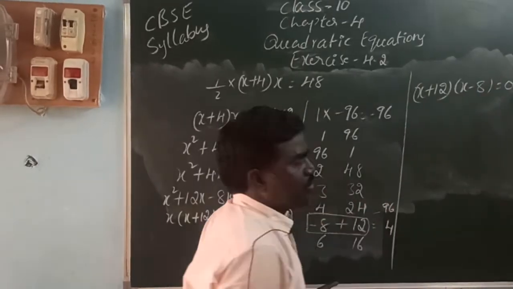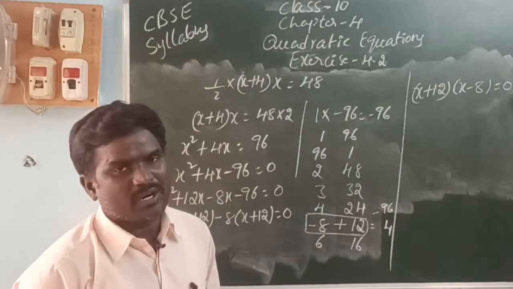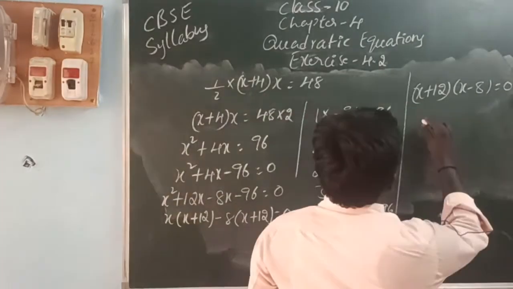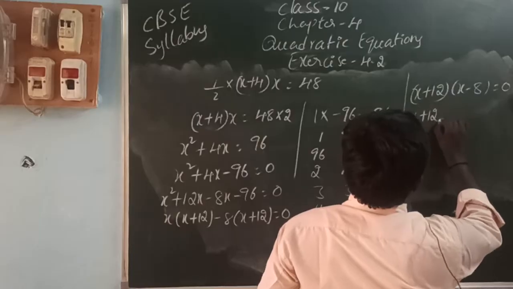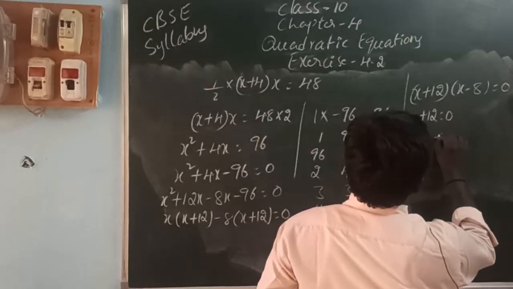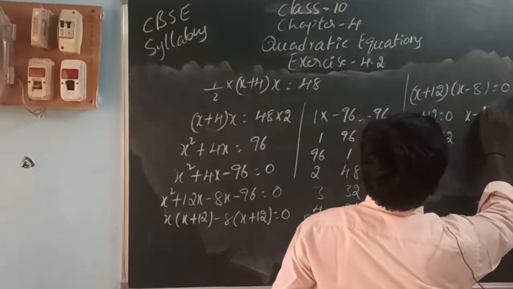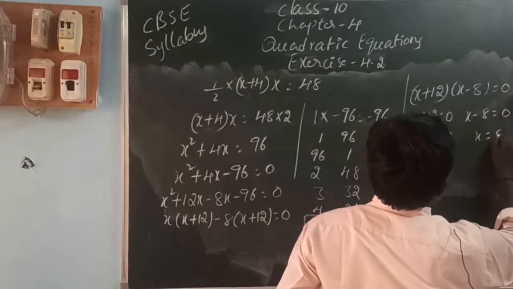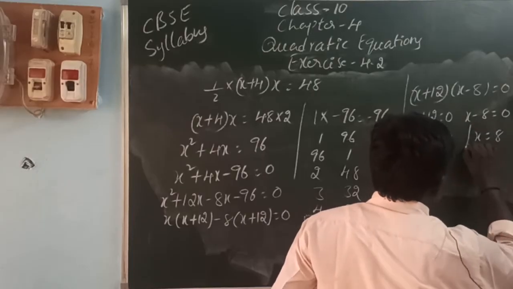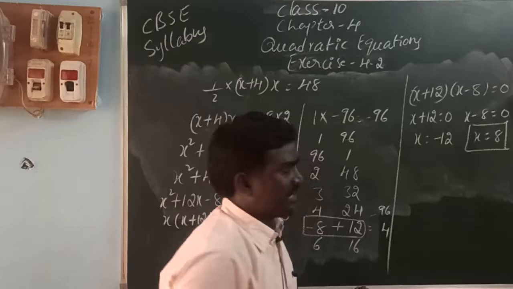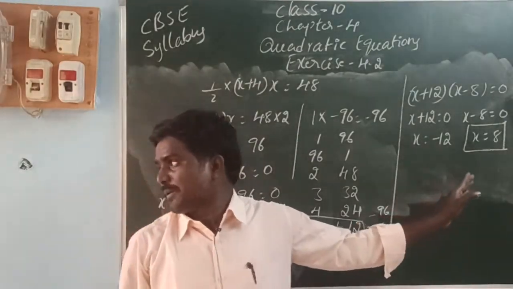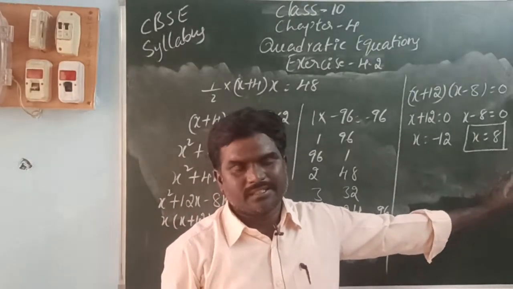So the product of two polynomials is 0, so either the first one is 0 or the second one is 0 or both. So x plus 12 is equal to 0, plus 12 moving to the other side becomes minus, and x minus 8 is equal to 0, so x is equal to 8. The length of the sides we can take only as positive. So x is equal to 8.